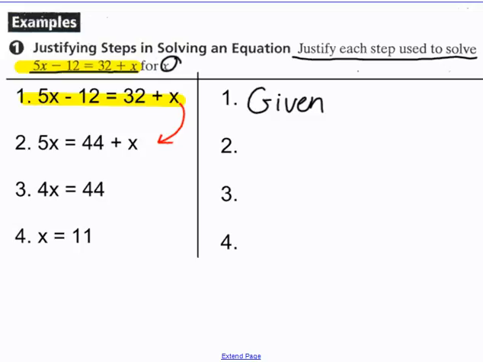So if I'm looking at that, I say, okay, what did they do between steps 1 and 2? They added 12 to both sides of the equation. So from the other day, we know that that is the addition property of equality.